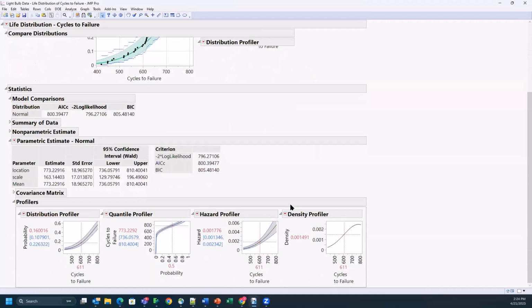Okay, so there's our distribution profiler. If you're interested in what JMP estimated for the mean and the standard deviation, you'll find those down here in the parameter estimates. Just so you know, I actually put in a mean of 800 and a standard deviation of 150 when I generated this data.